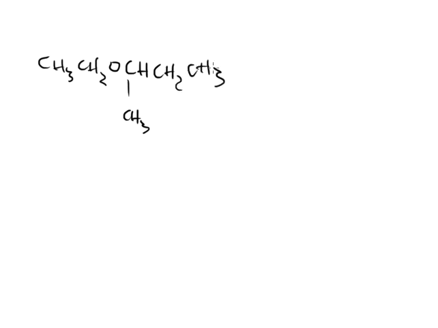Next, CH3, CH2, oxygen, CH, down here, CH3, CH2, CH3. So we've got to pick out an alkene, and we've got to pick out an alcohol, probably, for this to work. Well, I'm just going to pick the smallest alcohol first. I mean, that's normally what I do.